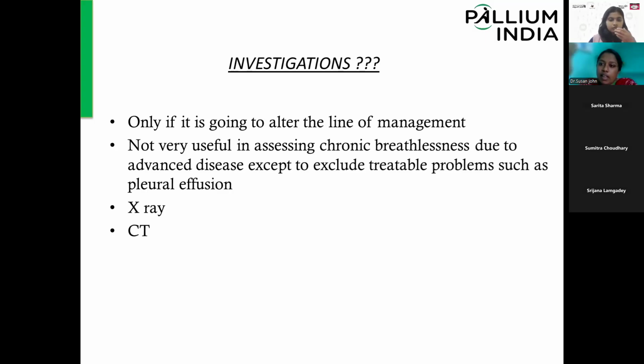So we can do X-ray, CT, but if the patient is in advanced disease, the prognosis is very bad, and the patient is in the terminal stage, you should not do any investigations, because they do not benefit the patient and will not alter the line of management. So you have to think twice before doing investigations when the patient has advanced cancer or non-cancer advanced disease with breathlessness.